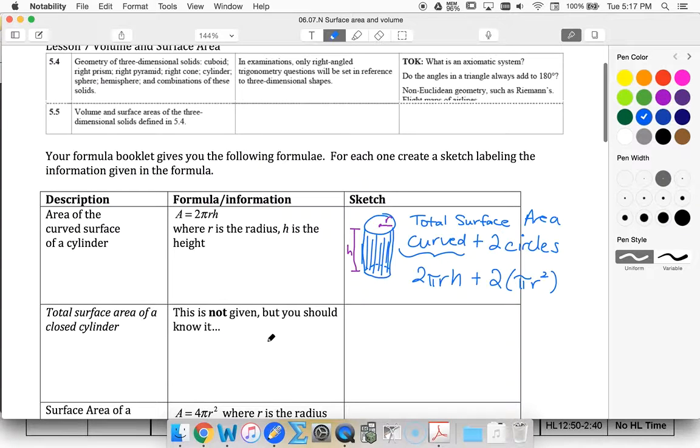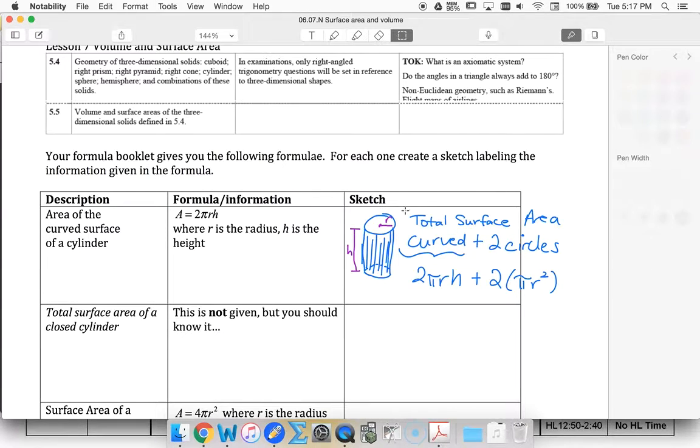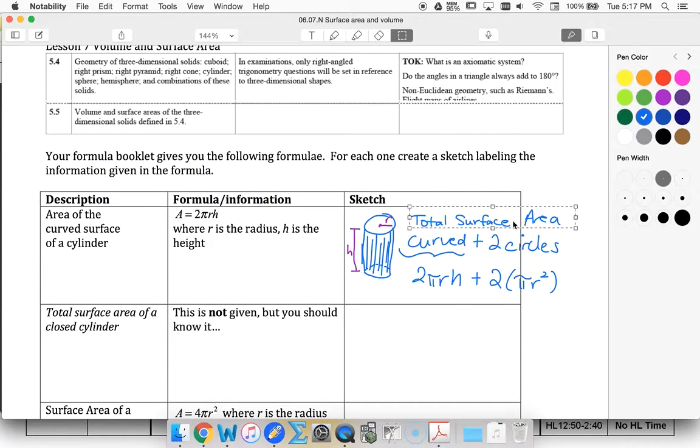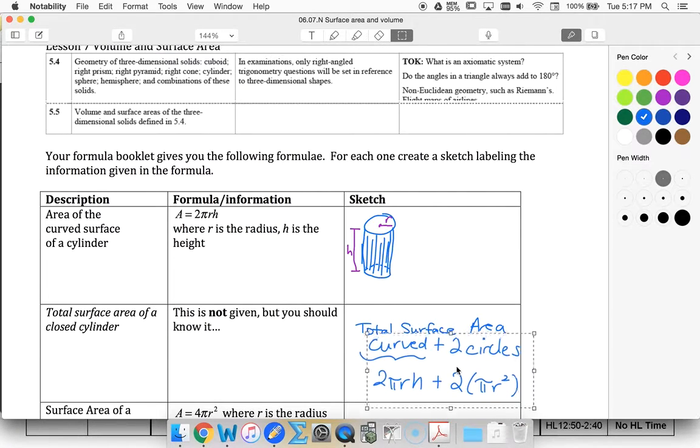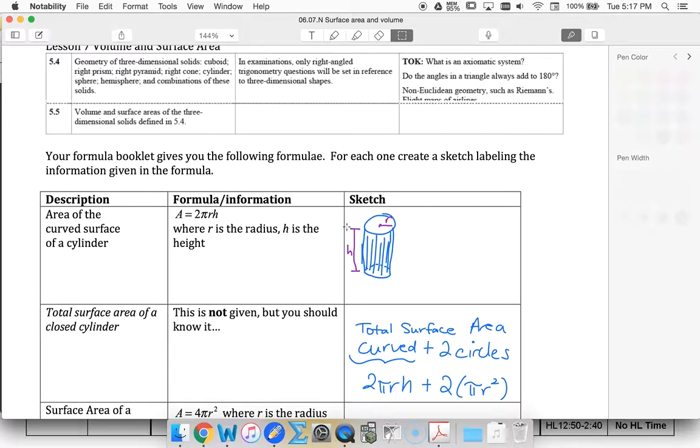So this is what I just talked about. I guess I should have read my own notes. All right, so total surface area is curved plus 2 circles. All right, so our sketch here, we've got our R and our H shown, and then our total surface area is the curved plus the 2 circles.